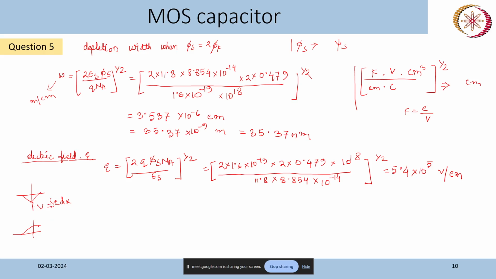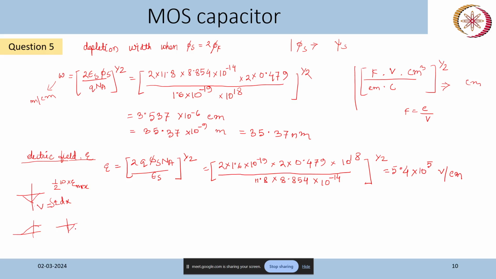For this kind of triangular shape, we take the depletion width multiplied by the maximum electric field, right? We are considering the assumption that in a MOS capacitor it is like a one-sided junction. So the depletion width on one side will be very small in the case of a one-sided junction, and most of the depletion width will be in the lightly doped side.